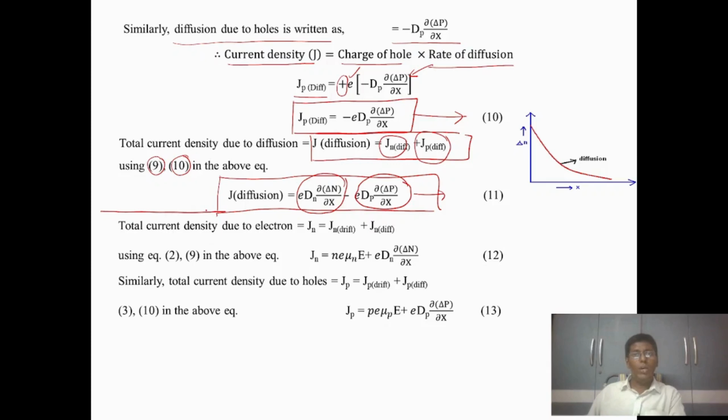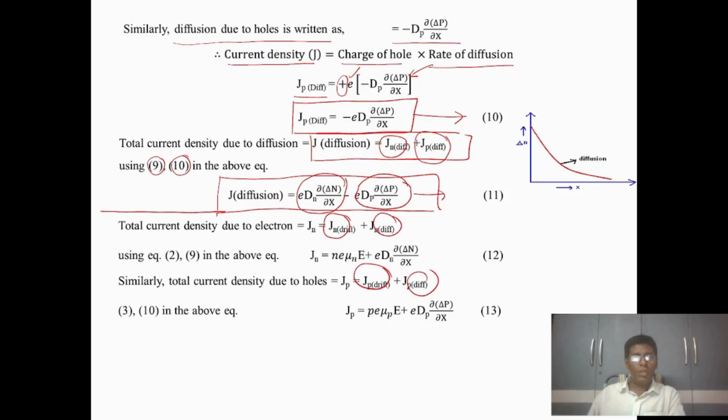In some examinations, the examiners may also ask for the equation for the total current in the semiconductor. In that situation we have to add both Jn drift plus Jn diffusion, as well as Jp drift plus Jp diffusion.